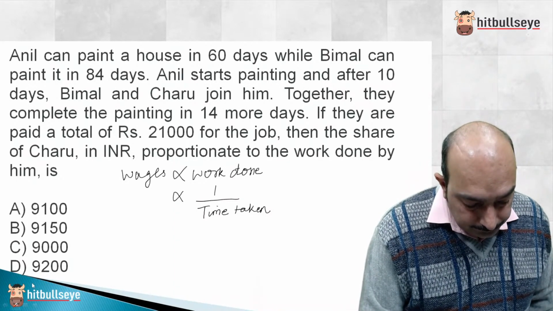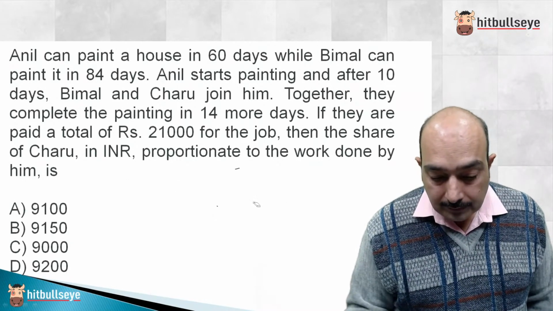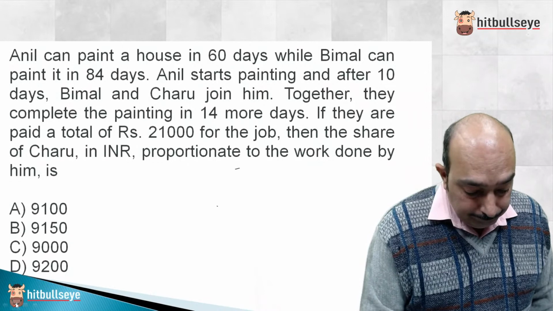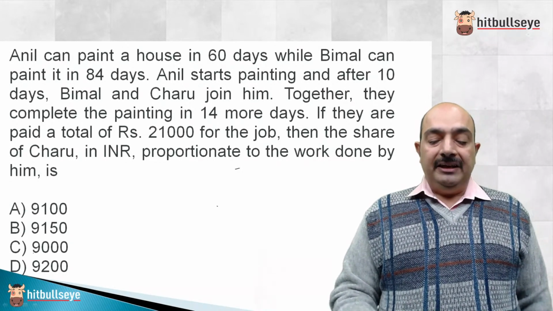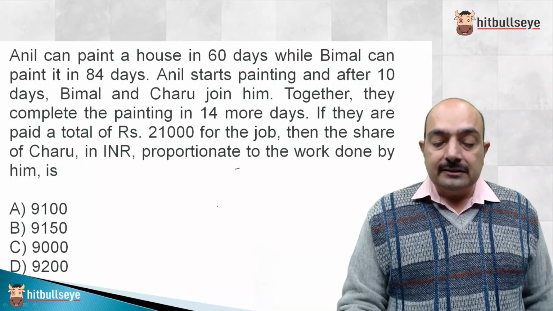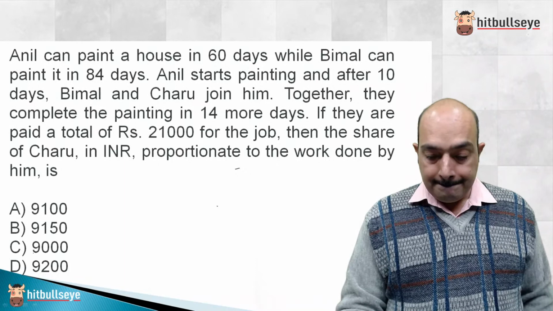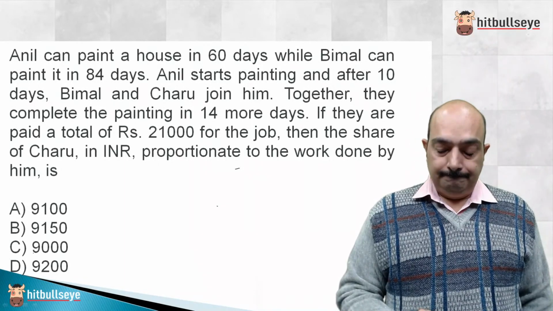So, let's see. The question is, we are having three people, A, B, C. Anil can paint in 60 days. Bimal can paint in 84. Anil starts painting, and after 10 days, B and C join.